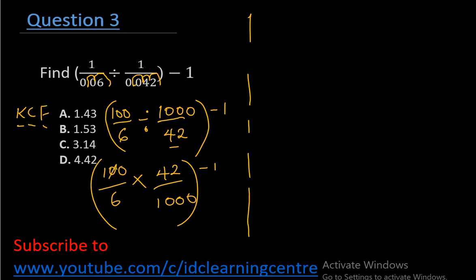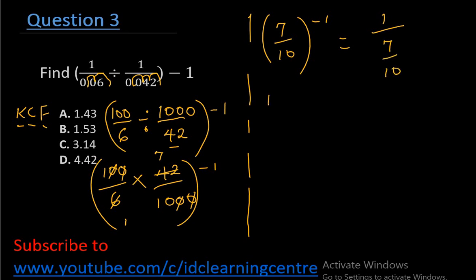Okay, so these two zeros cancel these two zeros. 6 into 42 is 7. So we'll have 7 over 10, close brackets, minus 1. Alright, this minus 1 means 1 over 7 over 10. I can still write this as 1 divided by 7 over 10.